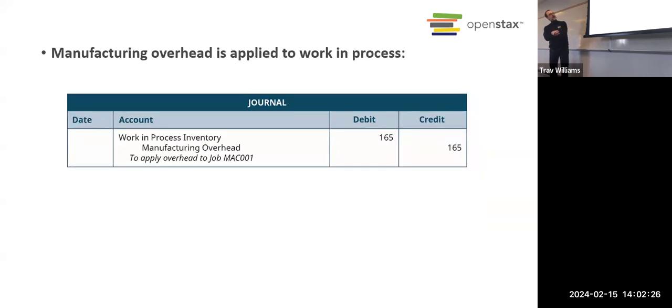And then at the end of the job, once it's complete, you take the manufacturing overhead and put it into work in process inventory based on your rate. In this case, it was direct labor dollars times the overhead rate, and that's how they came up with the $165.